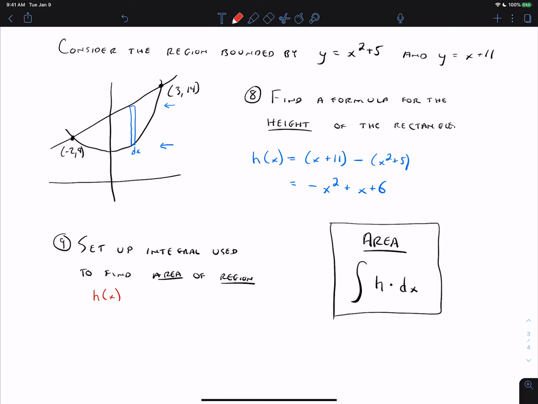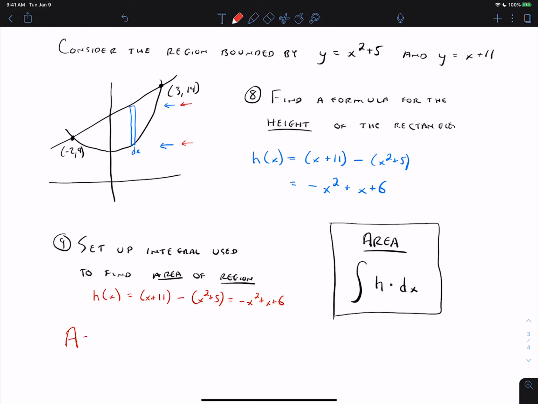If we hadn't done problem 8, we would do this the same way. So we take the top y minus the bottom y. That's x plus 11 minus x squared plus 5. That's negative x squared plus x plus 6. The base is dx.